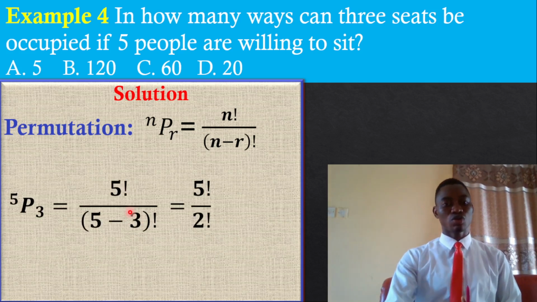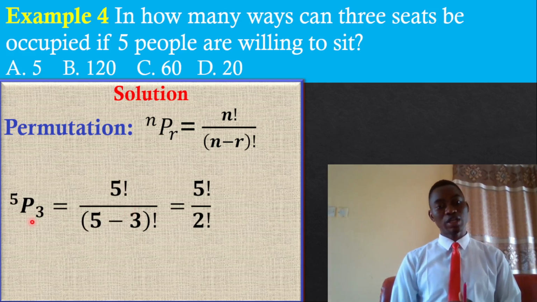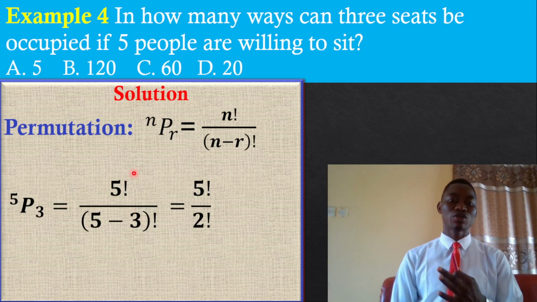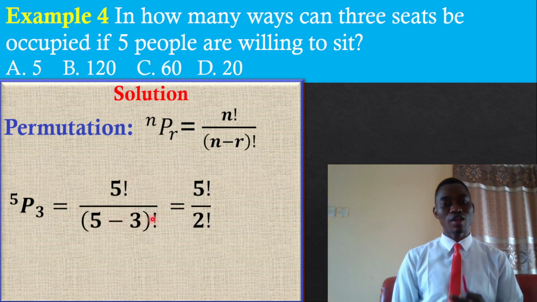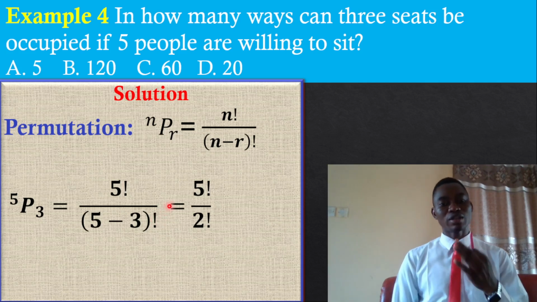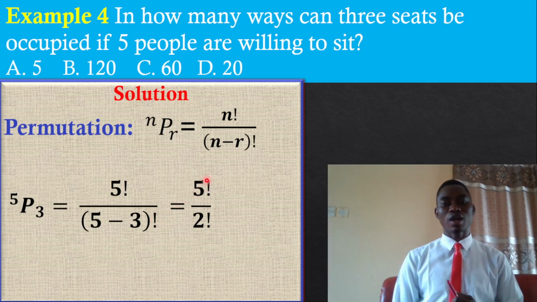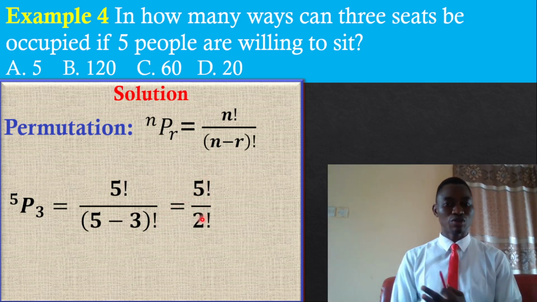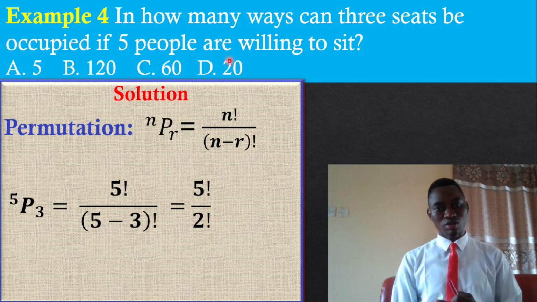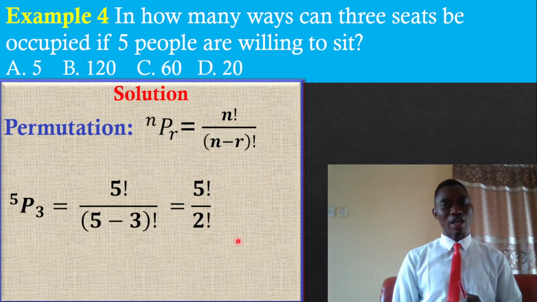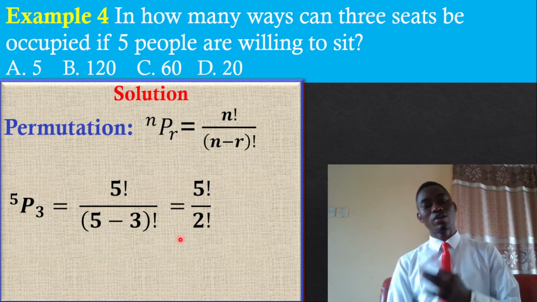So 5 permutation 3 is equal to 5 factorial upon (5 minus 3) factorial, and that gives us 5 factorial over 2 factorial. We cannot stop here because looking at the options, we don't have anything like this, so we are going to simplify further.